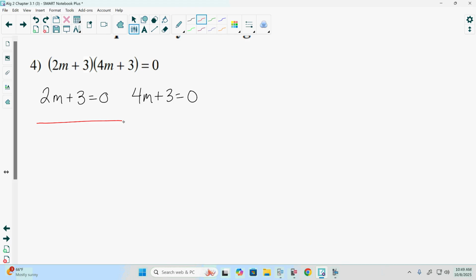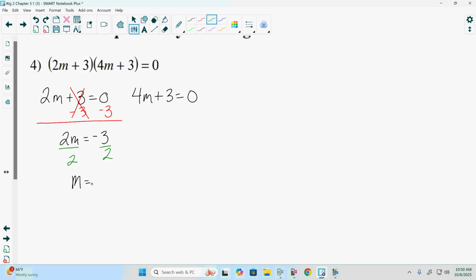With 2m plus 3 equals 0, the first thing we can do in solving for m is to subtract 3 from both sides. Because 3 minus 3 would be 0, leaving us with 2m on the left-hand side, and on the right-hand side, 0 minus 3 would be negative 3. m is not by itself, so we'd have to divide both sides by 2. 2m divided by 2 would be m.